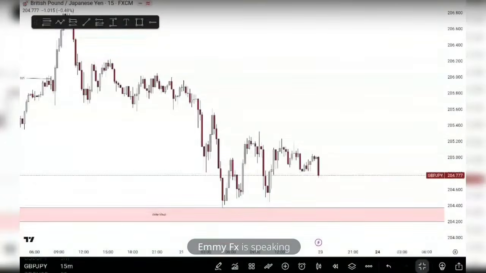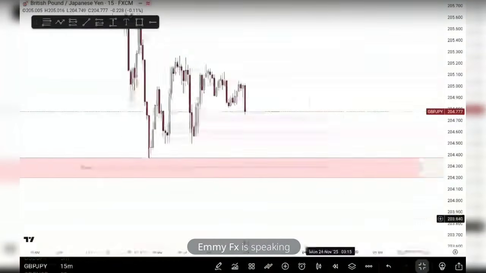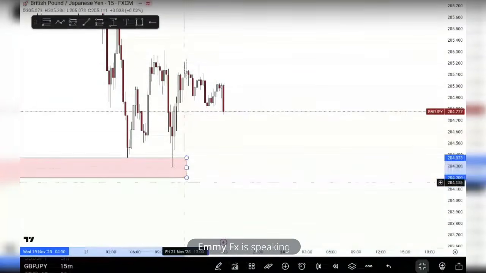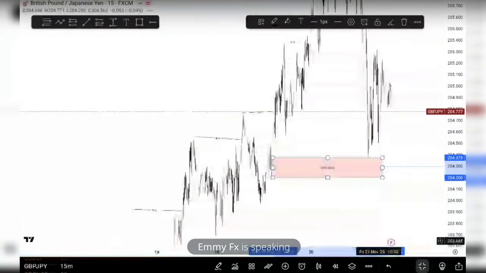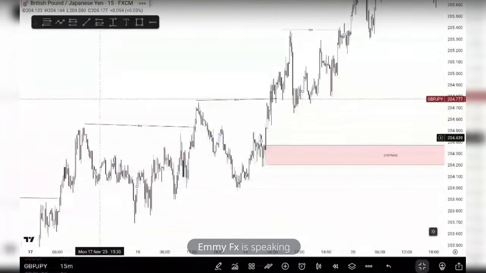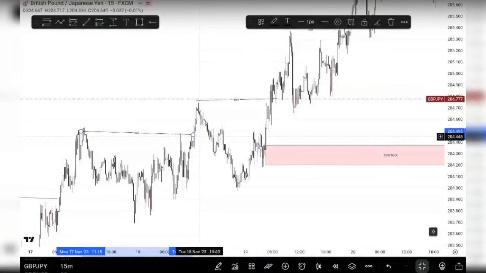Now I want us to read what the market is currently doing at this state. I want us to read what the market is trying to do.